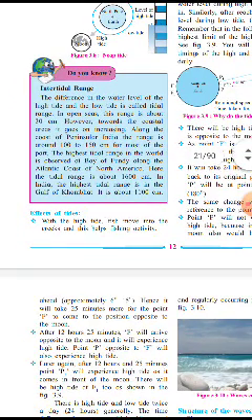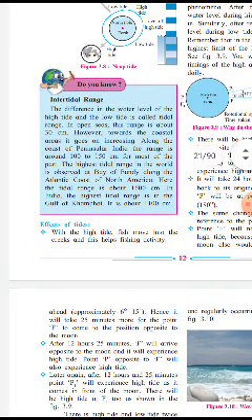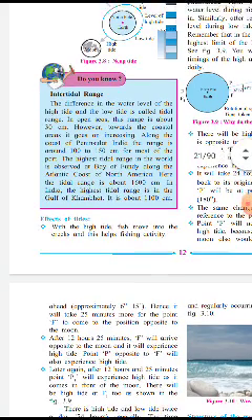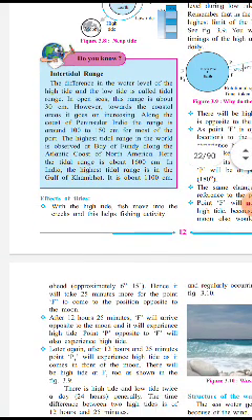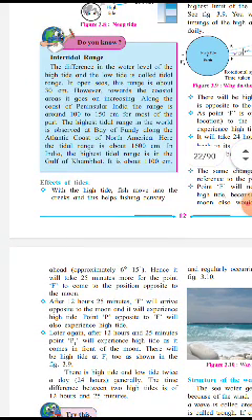See here, there is extra information given. Do you know intertidal range? The difference in the water level of the high tide and the low tide is called the tidal range.